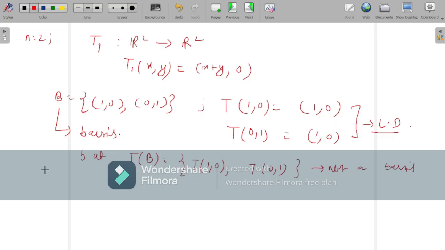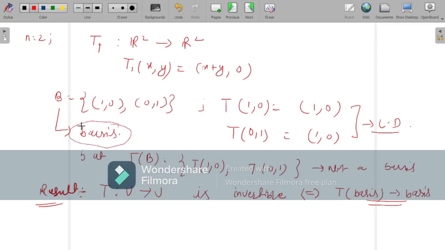Now recall the result: a linear transformation T from a finite dimensional vector space V to W is invertible if and only if T maps a basis set to a basis set. See here, this is a basis set, but T of B is not a basis set, so T cannot be invertible by this result.